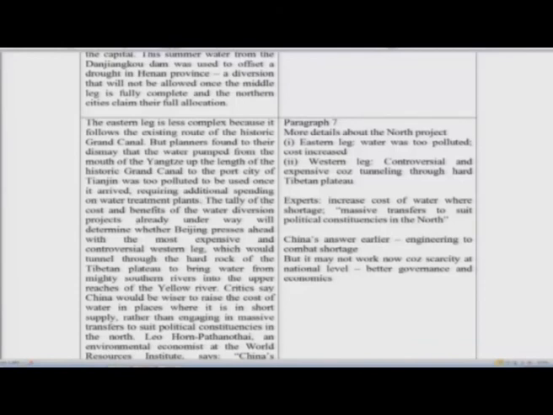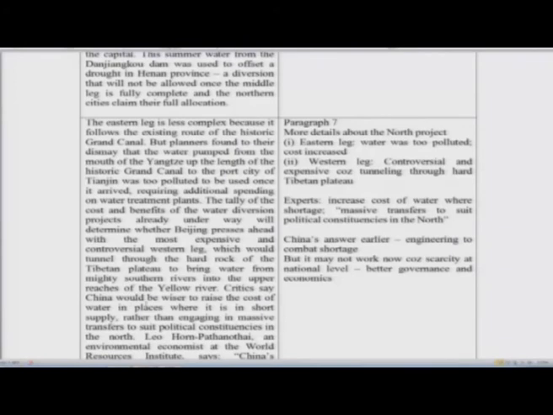The tally of the cost and benefits of the water diversion projects already underway will determine whether Beijing presses ahead with the most expensive and controversial western leg, which would tunnel through the hard rock of the Tibetan plateau to bring water from mighty southern rivers into the upper reaches of the Yellow River.